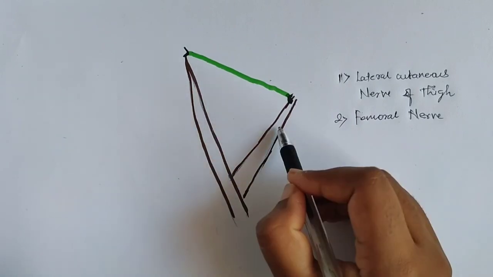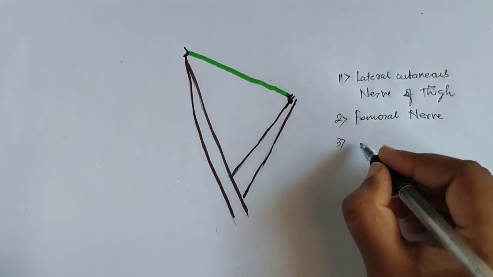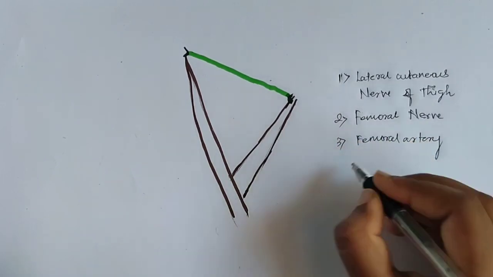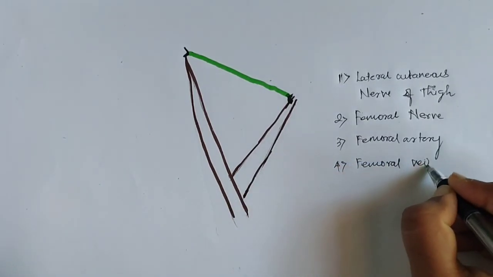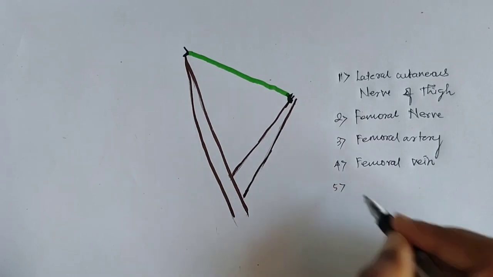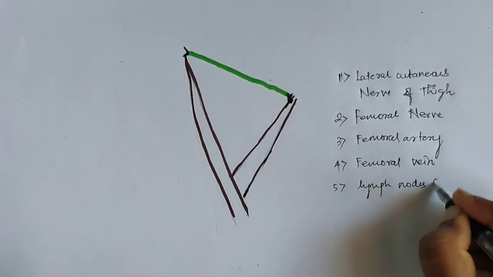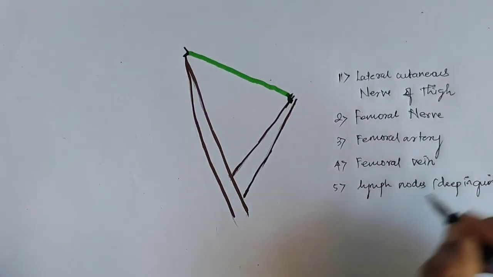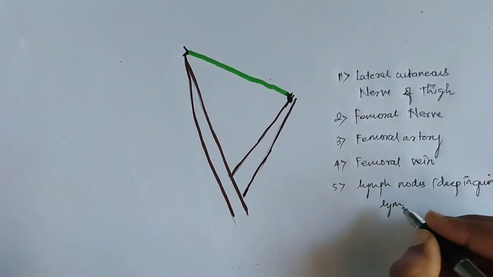From lateral to medial, I told: femoral nerve and femoral artery and femoral vein, and most medial is the lymph nodes, deep inguinal lymph nodes.